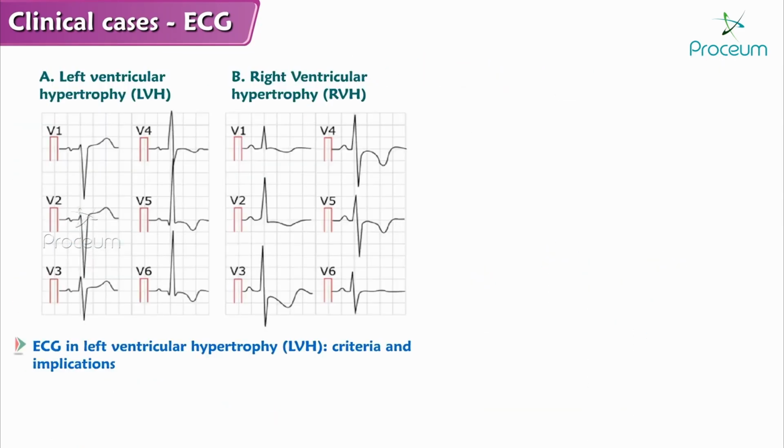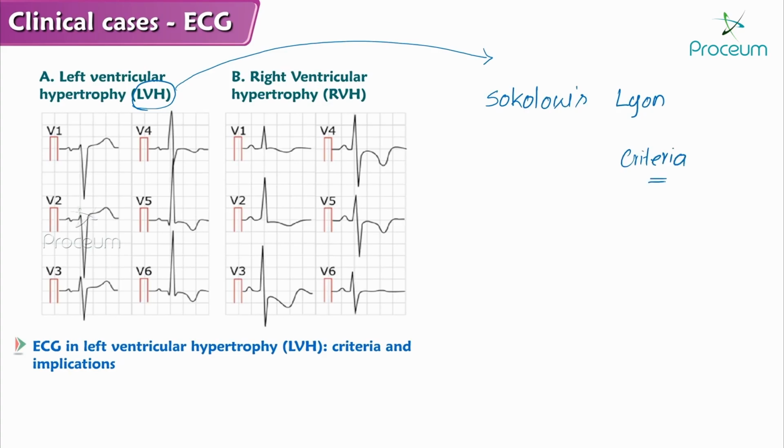Now, what are the features of left ventricular hypertrophy? Please remember the ECG should satisfy what is called the Sokolow-Lyon criteria. Now, what is this particular criteria?